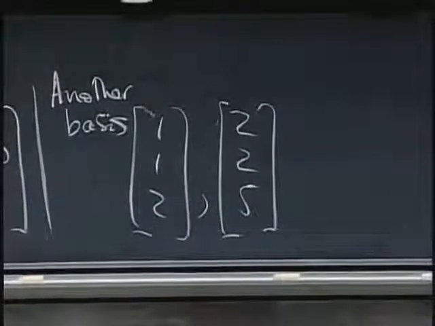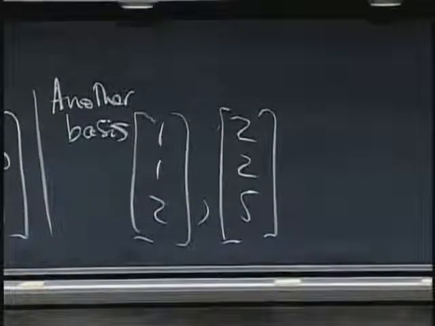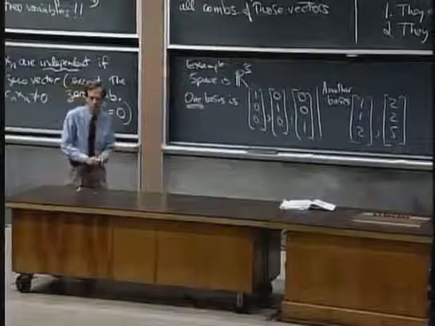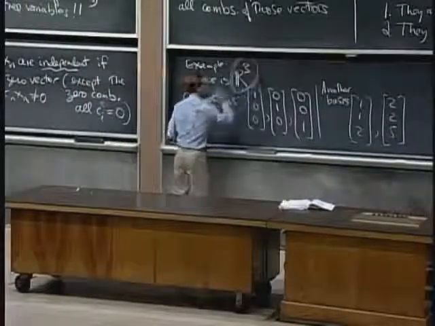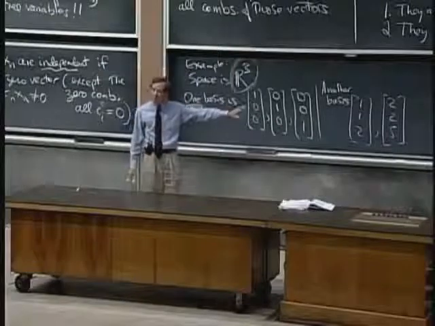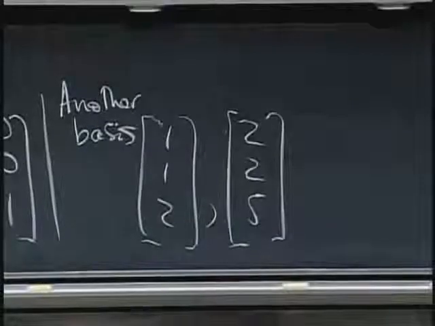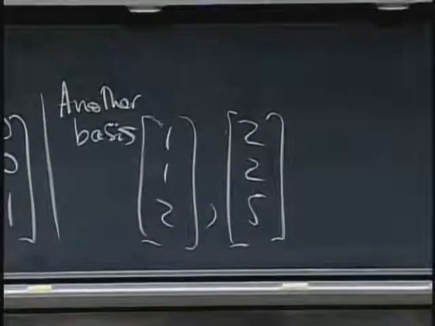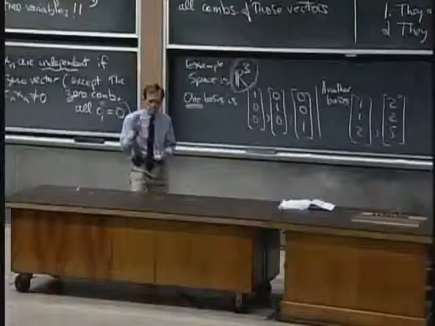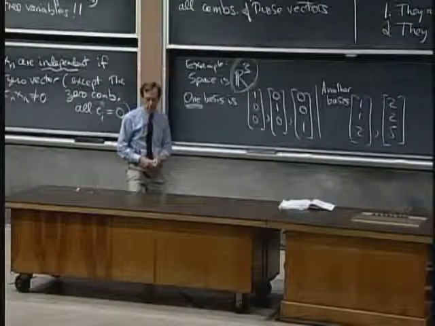Has that little bunch of vectors got the properties that I'm asking for in a basis for R3? We're looking for a basis for R3. Are they independent, those two column vectors? Yes. Do they span R3? No. Our feeling is no.